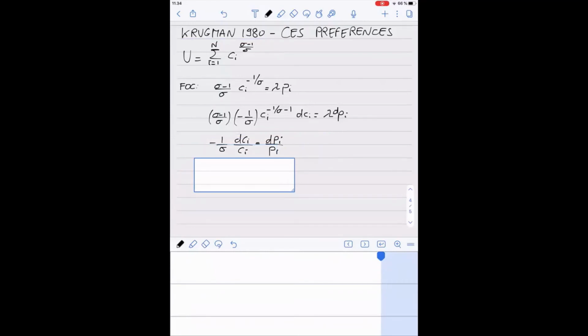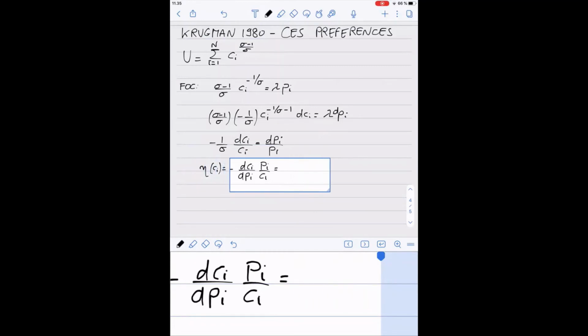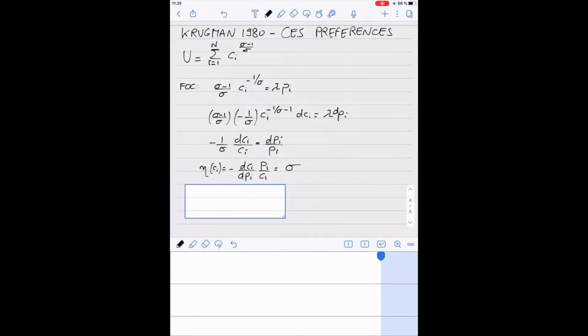So our demand elasticity eta of ci, which equals minus dci over dpi times pi over ci, equals, if you play around with that formula above, sigma, which is constant. So eta prime of ci equals 0. The demand elasticity does not depend on the output. It's a constant sigma.